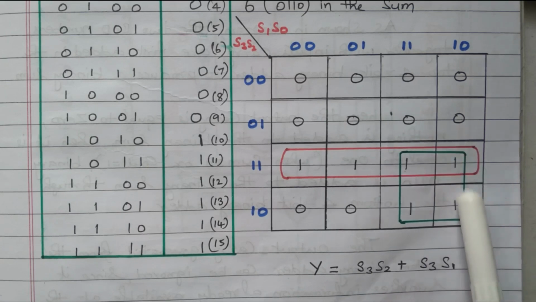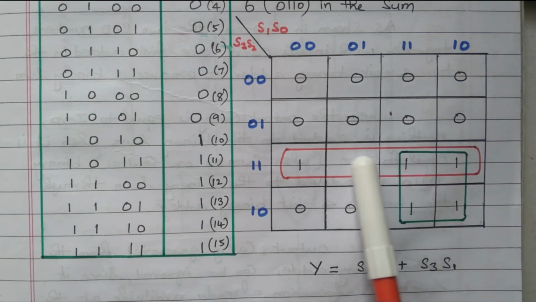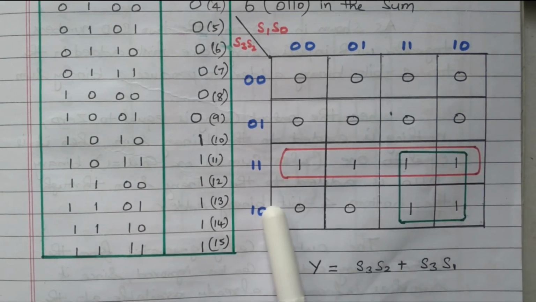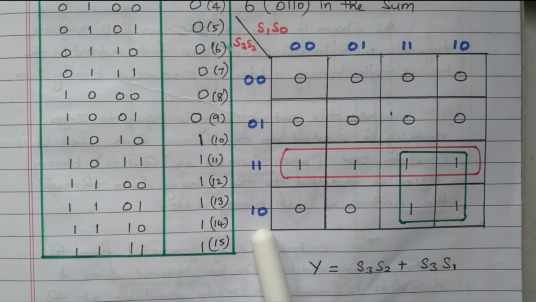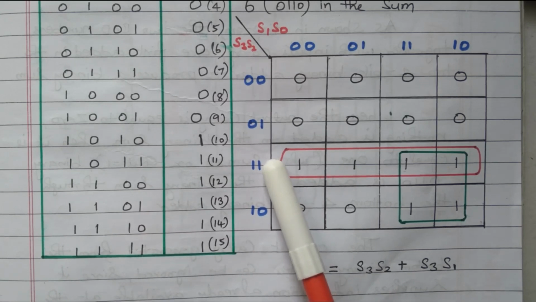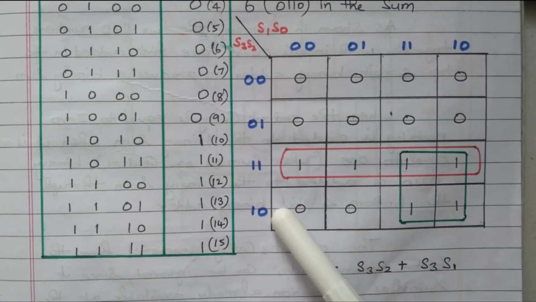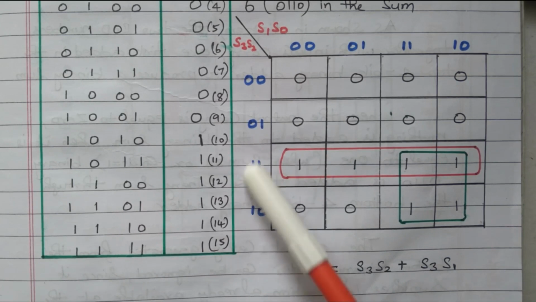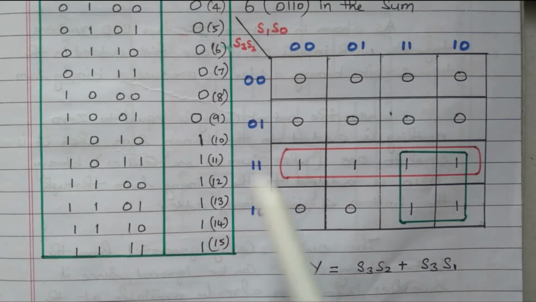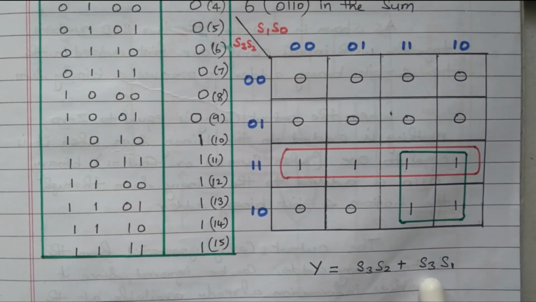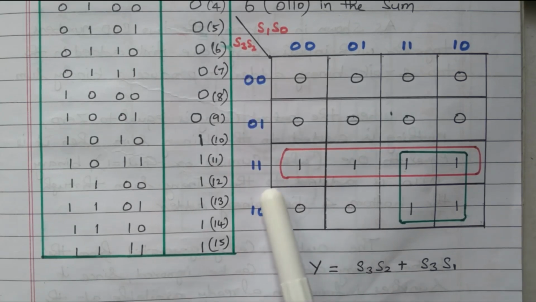Now for the grouping of these other 4 ones, you need to refer to the corresponding third row and fourth row. Third row 1, 1, fourth row 1, 0. In 1, 1 and 1, 0, the second term 1, 0 got cancelled. Only the first 1 is available. What is this 1? It is S3, right. S2 is cancelled.